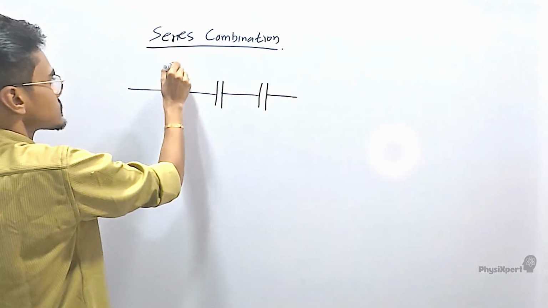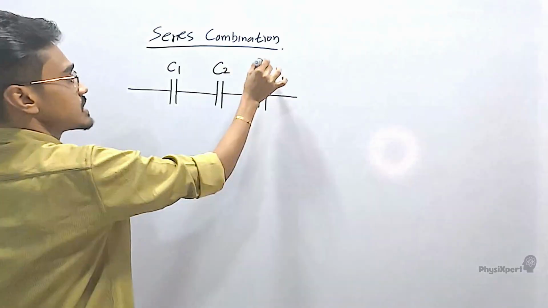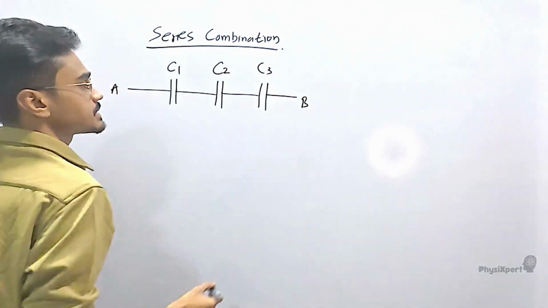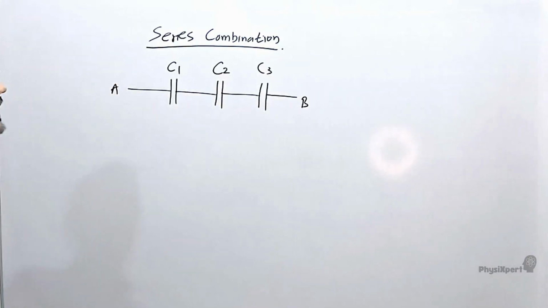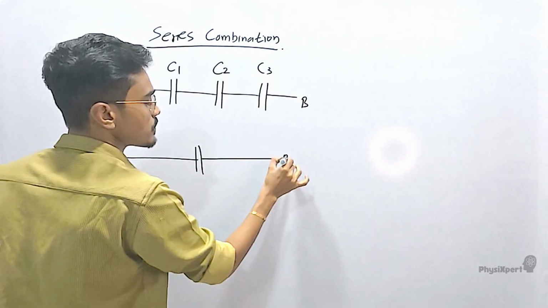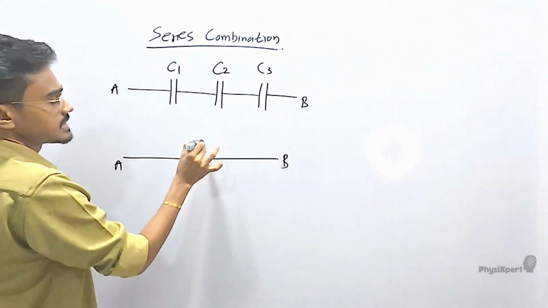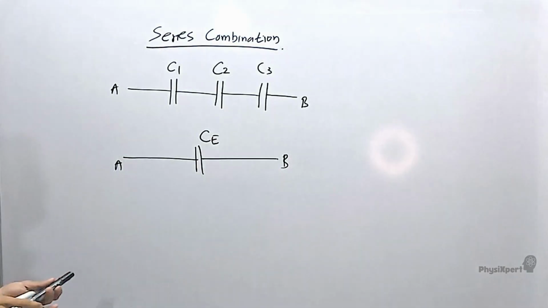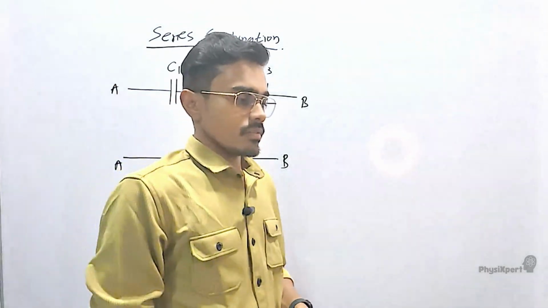Let's consider three capacitors of capacitances C1, C2, and C3 connected between A and B. The equivalent is connected to the same points A and B, and let's call it CE, the equivalent capacitance.